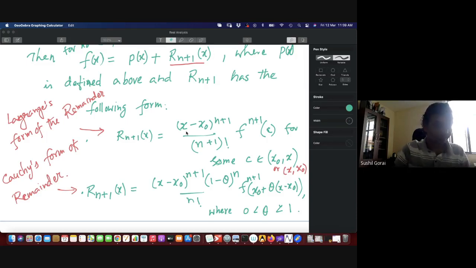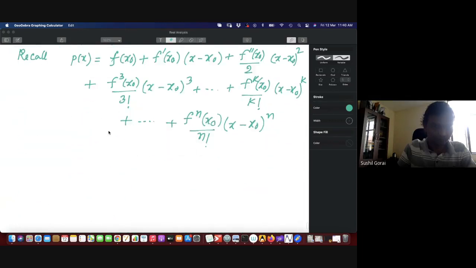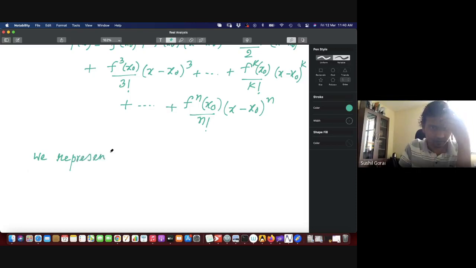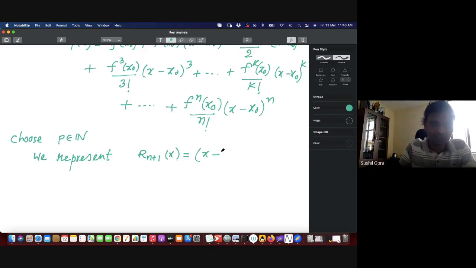All right. So here we will assume, represent R n plus 1 x as x minus x naught power m, choose m a natural number, any m, and we represent this as some function h.